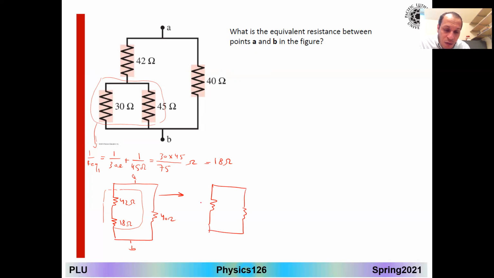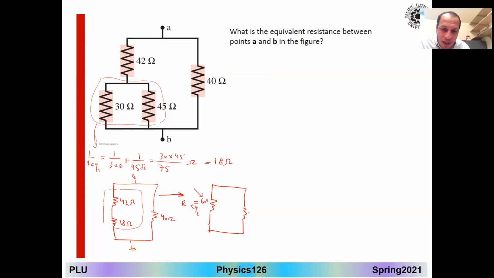Here is R equivalent 2, by adding those two resistors together, which equals 60 ohm. Where is the 60? Don't confuse yourself, 60 is just adding 42 plus 18.